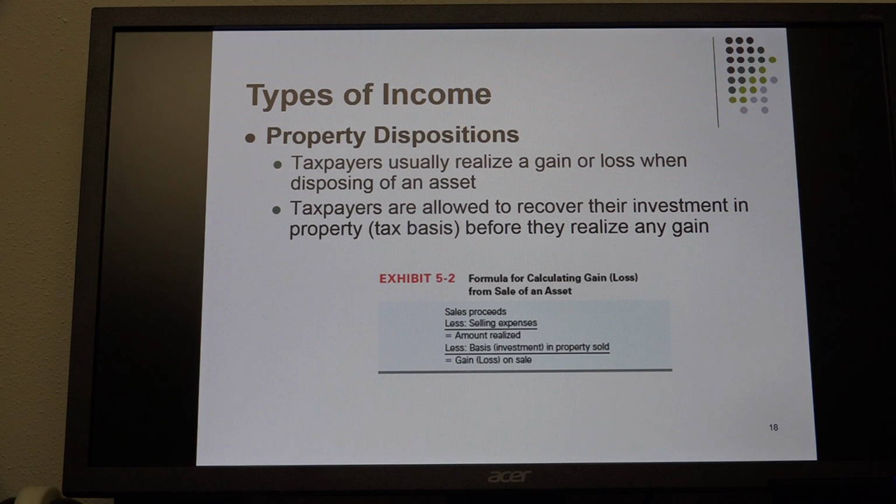And so there's your formula there. Note you get to reduce sales proceeds by the selling expenses, if any, and that is your amount realized, and then you deduct the basis in the property to come up with the gain or loss on the sale.